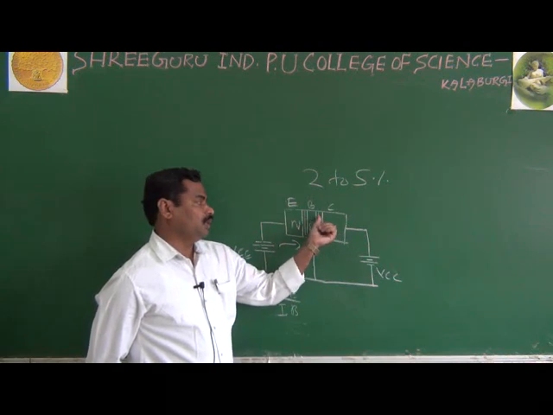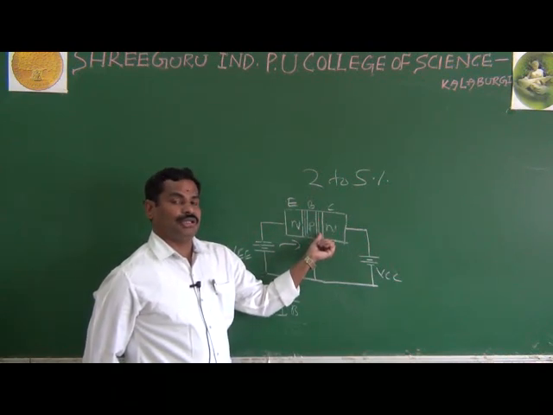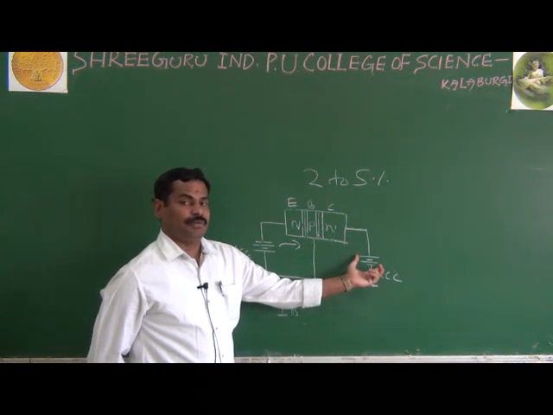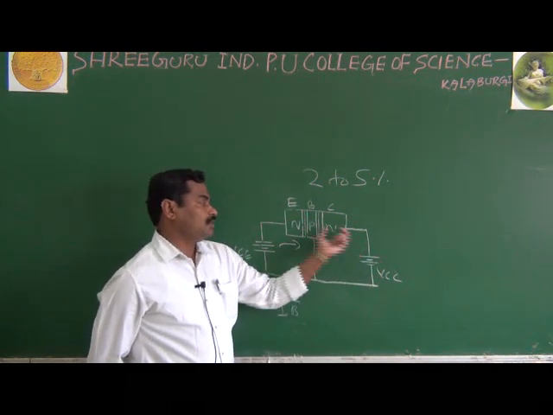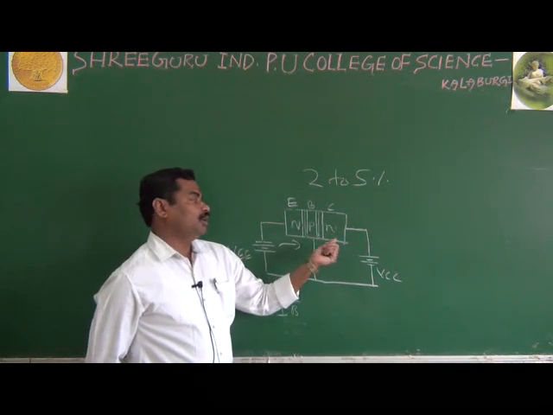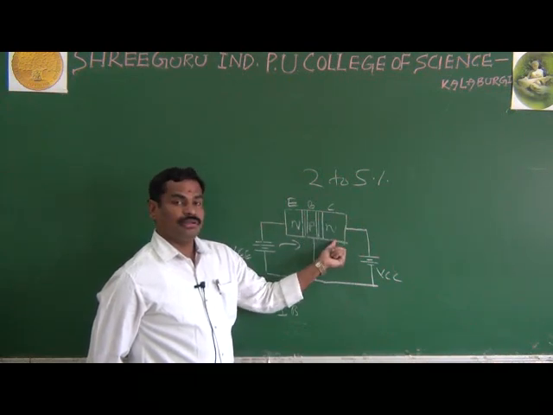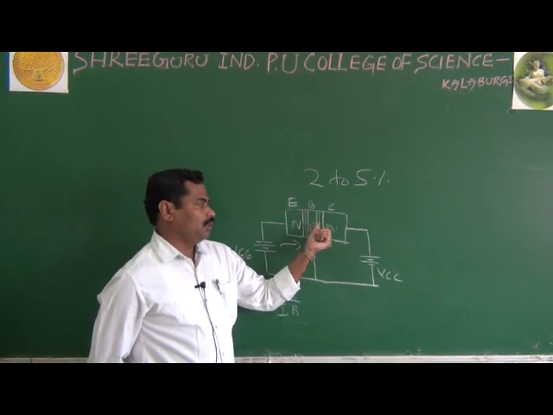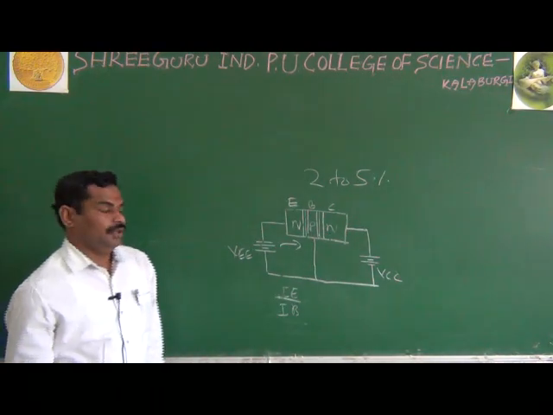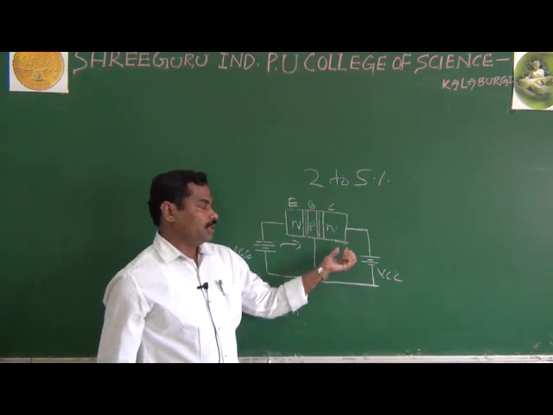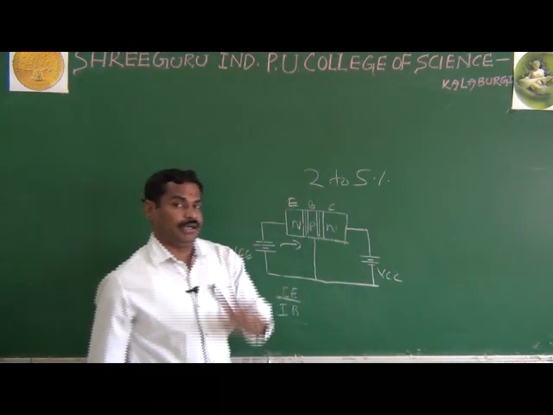Even though you have a wide depletion layer, we are still applying a very high electric field. This electric field attracts the electrons, so whatever electrons are in the base move towards the collector. We know that in the collector-base section with reverse bias, there is only minority current.